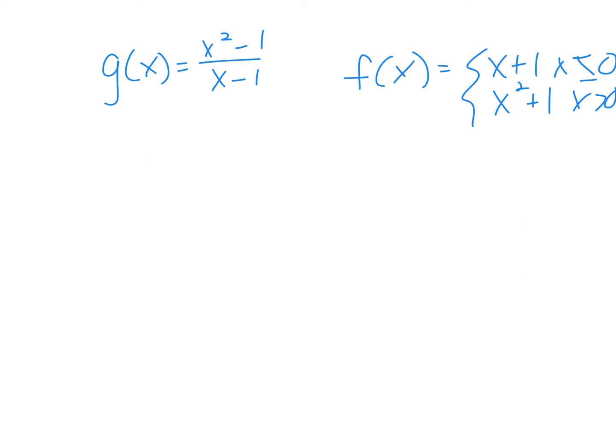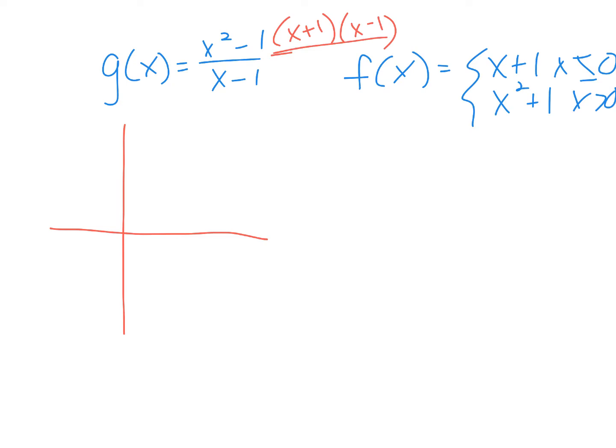All right, so let's find the continuity of these 2 functions. If we were to graph this first one, I'm going to graph it in red. It would look like the function x plus 1, because if I were to factor the numerator there, it would be x plus 1 times x minus 1, and the x minus 1s will cancel.